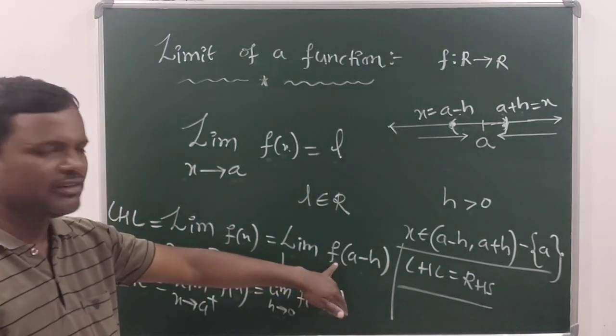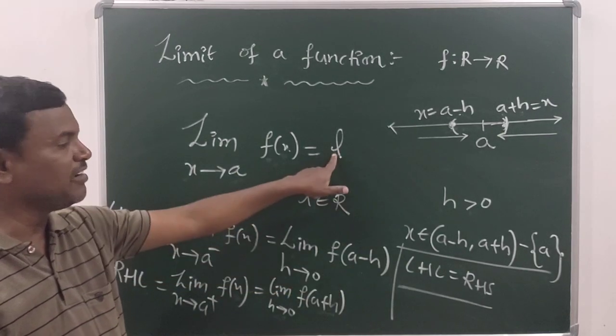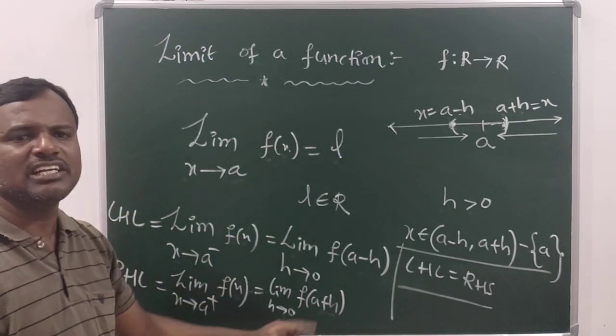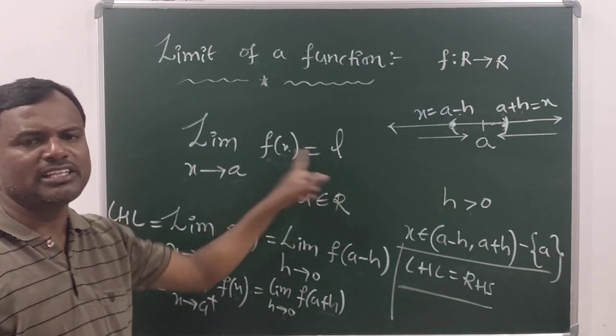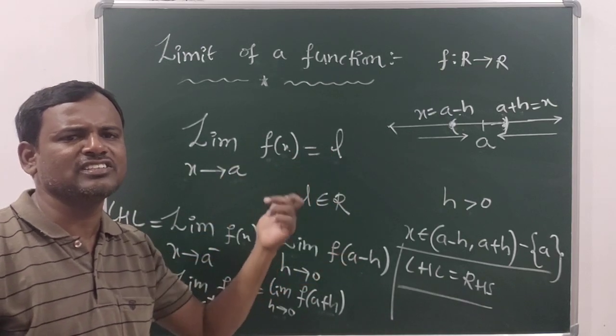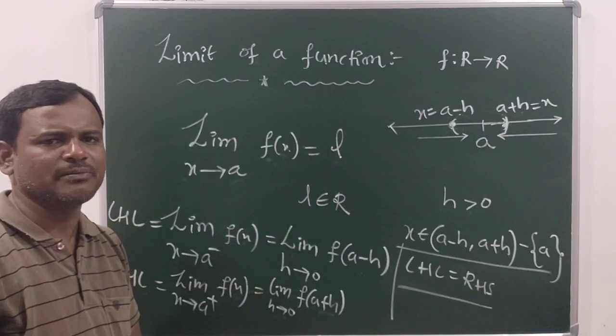So suppose this result may be given very close to L, either from left or right. Even this result is also very close to L, either from left or right, based on the given function, whether it is an increasing or decreasing function.